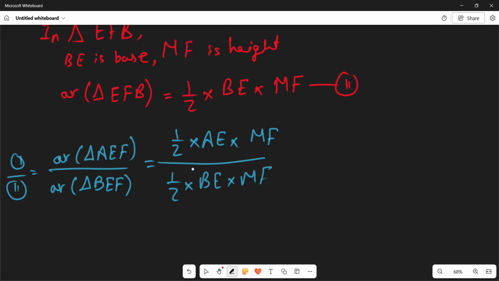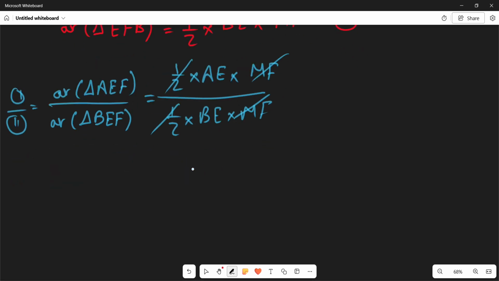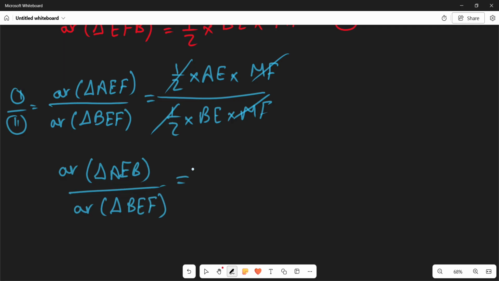Cancel out the common things, half half, MF is gone. So what do I get? I get area of triangle AEB upon area of triangle BEF equals AE upon BE. So I'll mark it as equation A.